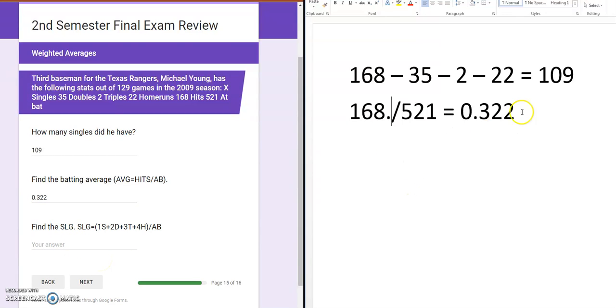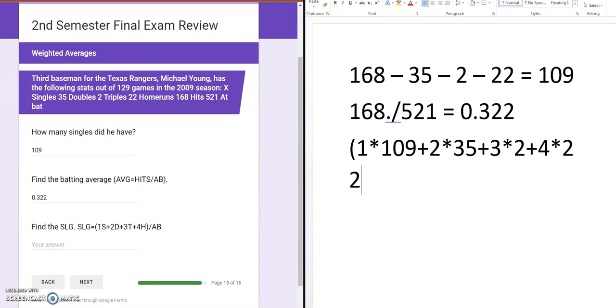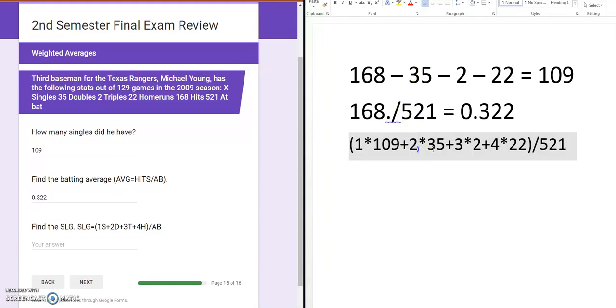And then for the slugging percentage, or the slugging average, we have 1 times the number of singles, plus 2 times the number of doubles, plus 3 times the number of triples, plus 4 times the number of home runs, all divided by the number of at-bats. I'll make this a little bit smaller here so it all goes on one line.